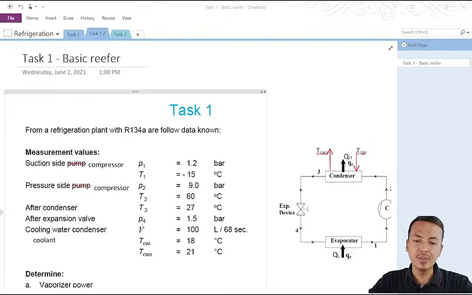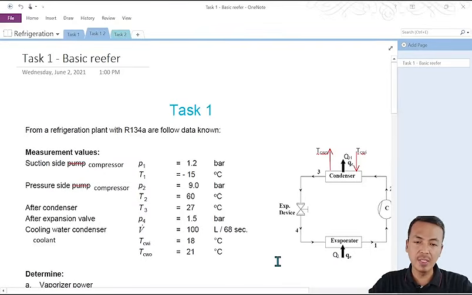Okay, so if I have a problem like this one: a vapor compression refrigeration system using R134A, and I need to calculate several parts here. I need to determine first the enthalpy values for the heat balance of its processes in the vapor compression.